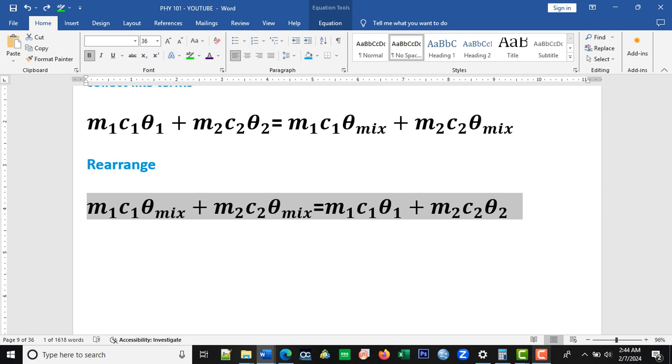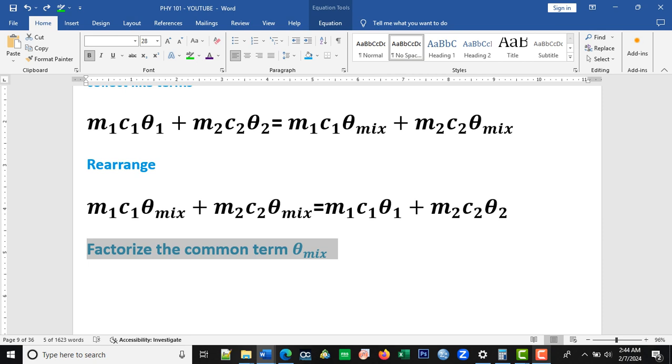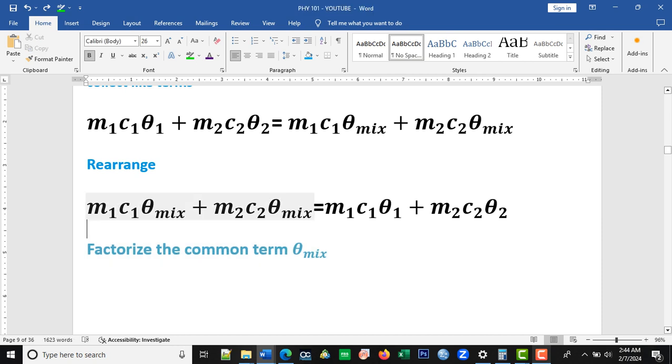It's still the same expression, but I just wanted to put it well. Now, what's going to be the next thing to be done? I'm going to factorize the common term. If you look at the left hand side, you see that θ mix is here, and then θ mix is also here. So we are going to factorize it because it's common to M1 C1 and M2 C2.